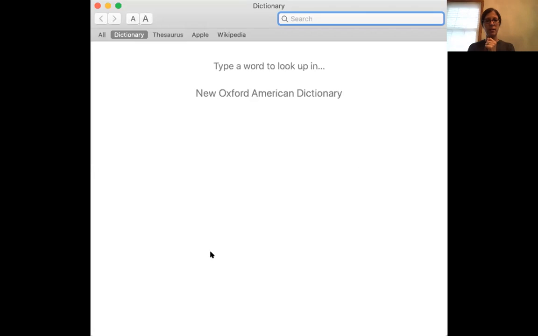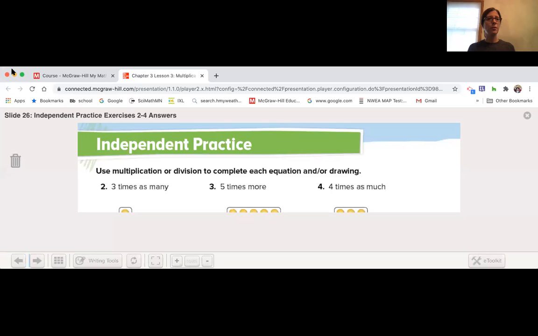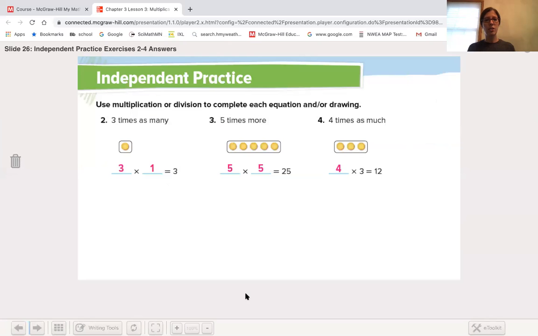All right, let me stop again and then I will pull it back up. I'm not sure if it stopped or not, but either way, here we are.